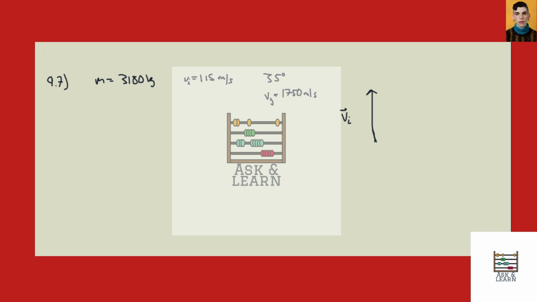Now it says that the gas is shot out perpendicularly from the rocket to alter the motion.